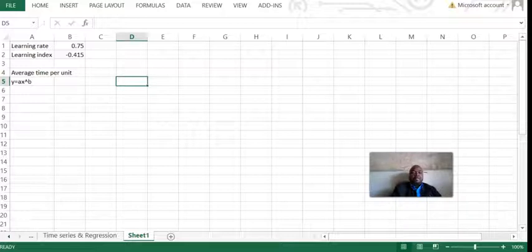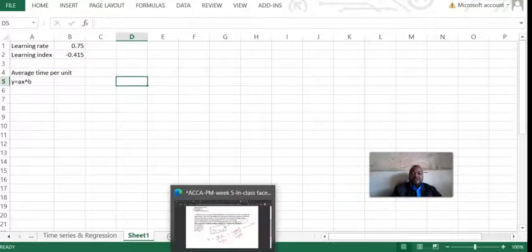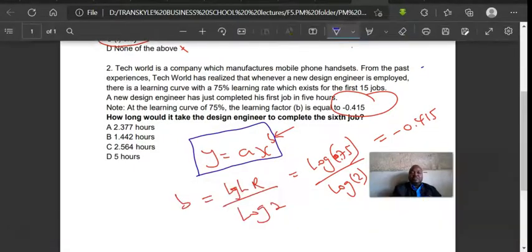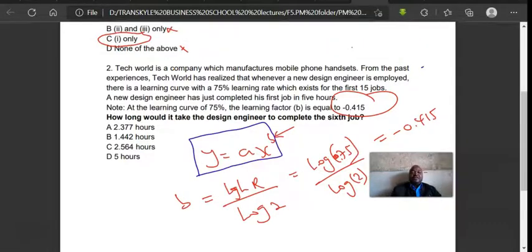Okay, and then the x, that's the units we want to determine, and then the b is the learning index or learning factor. Which units shall we determine? Remember the question is saying how long would it take the design engineer to complete the sixth job.